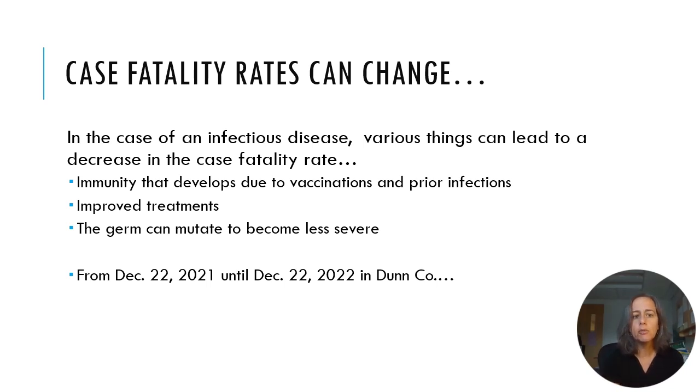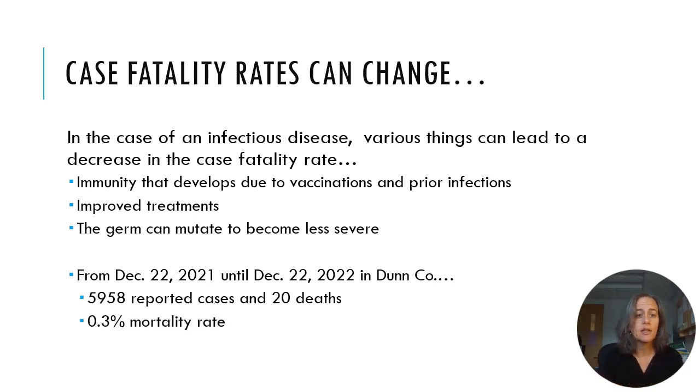From December 2021 to December 2022 in Dunn County, we had almost 6,000 reported cases and 20 deaths. That's a 0.3% mortality rate. The year before, it was 0.6. So it halved. And of course, 2022 is the year when most everybody who wanted to be vaccinated was vaccinated, so we saw a huge decline.